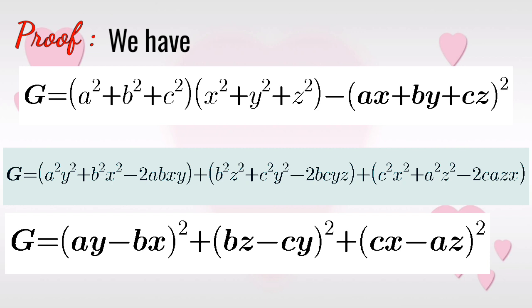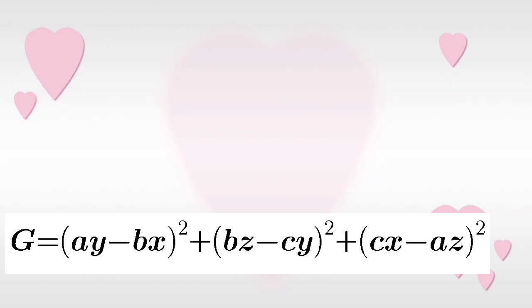Here we have three brackets. Every bracket is a perfect square. As we know, the square of any real number is greater than or equal to 0.